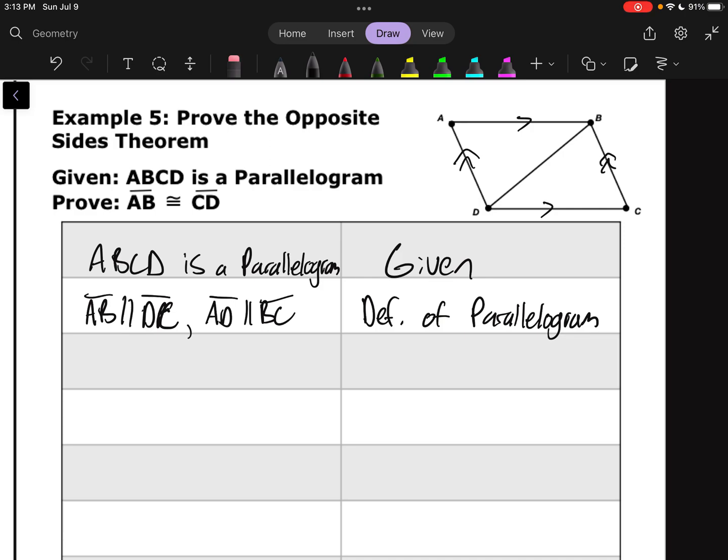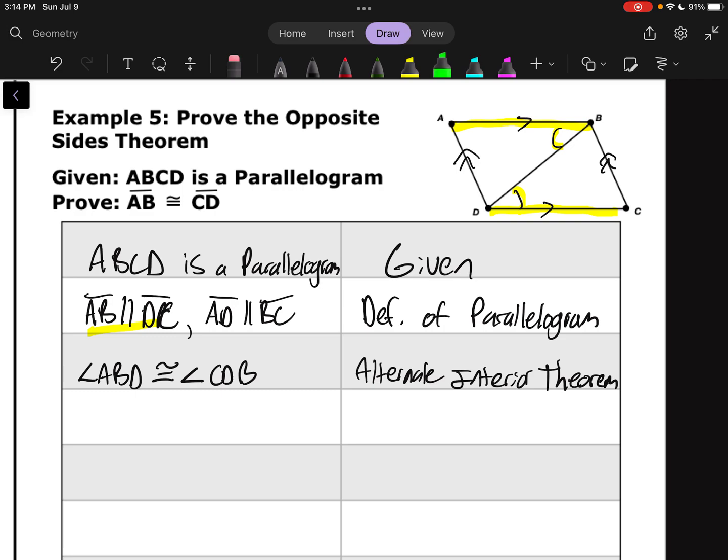Now let's start gathering our three congruent things. And I think we can honestly get away with just using the same sort of three things that we used on the last one. Since this is parallel to this, we can get these alternate interior angles. So that would be angle ABD is congruent to angle CDB. Alternate interior theorem.